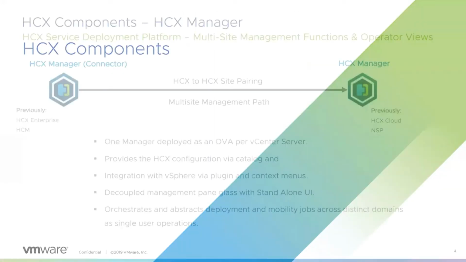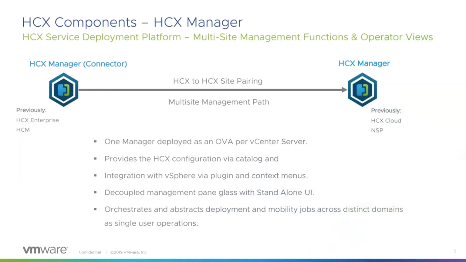Right, so let us look at what are the components that make up this solution. So the very first component that I want to introduce to you guys is HCX Manager. Now, HCX usually works in a pair of appliances. So every appliance that you have on the source side, you will have a parallel appliance on the destination. So HCX Manager, if I were to draw a parallel, is very similar to NSX Manager.